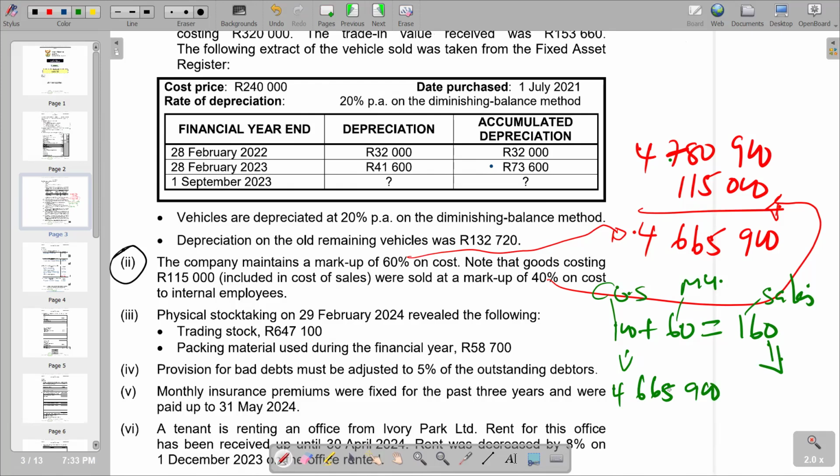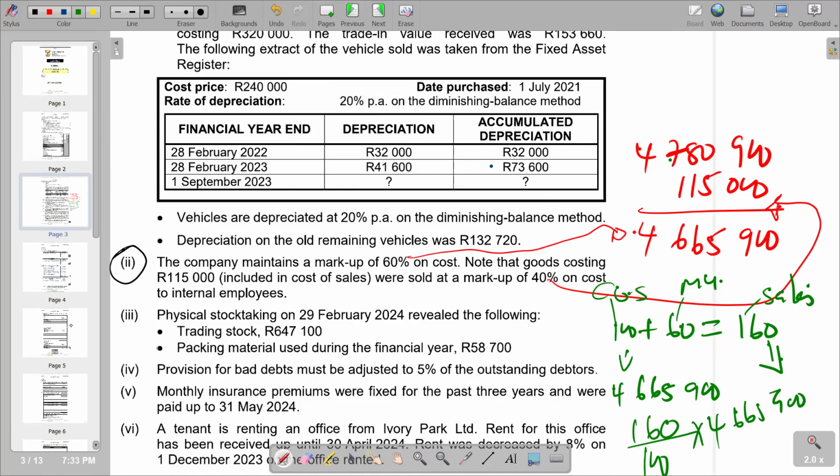Then the one that we are looking for is 160%, which is the sales representation. So what we are going to do is we are going to say the 160 becomes the numerator, and then the 100% for the cost of sales becomes the denominator, and then we multiply by 4,665,900.